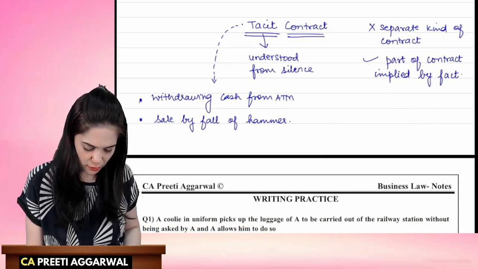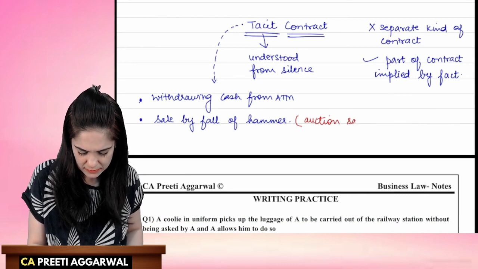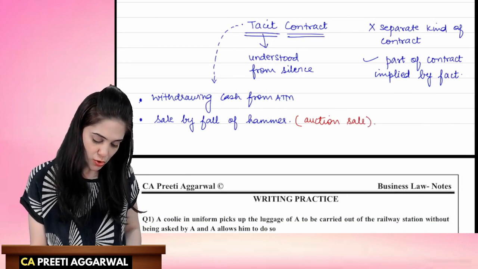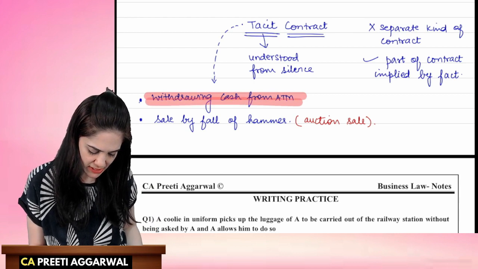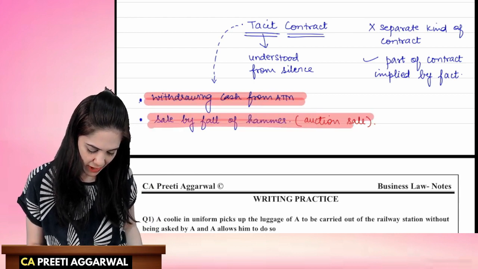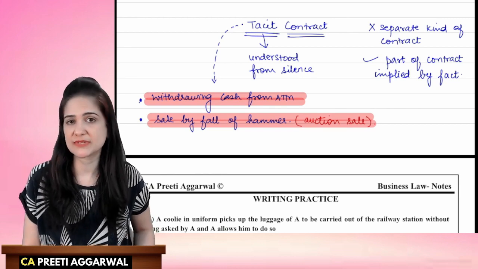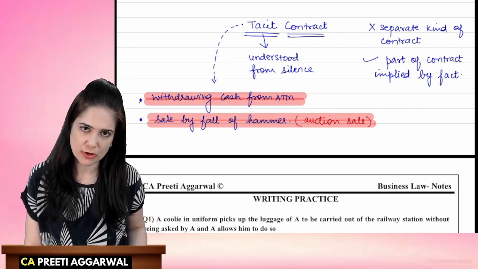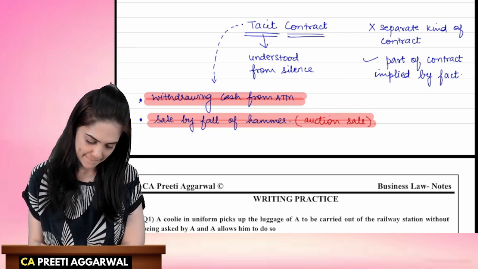So sale by fall of hammer in case of an auction sale. So only and only when withdrawing cash from ATM and sale by fall of hammer, that is auction sale, only under these two circumstances you will select tacit contract. Otherwise you will go with implied by fact or implied by law.